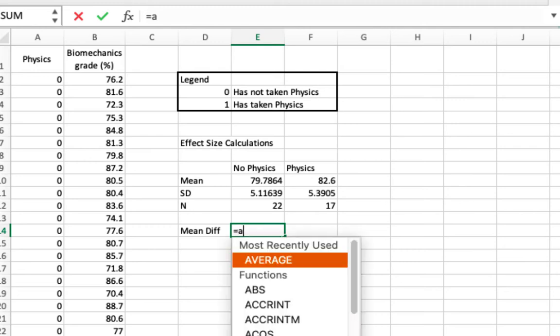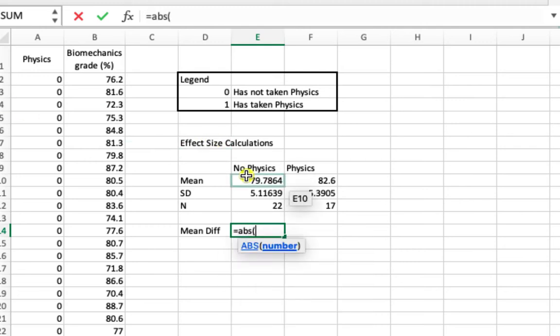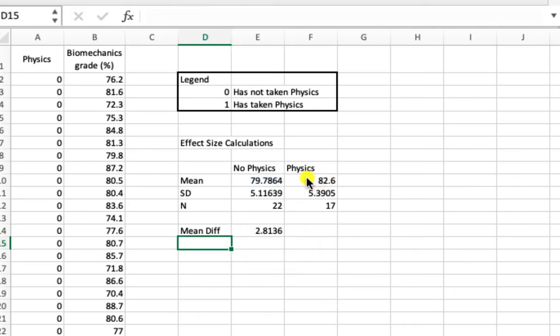So for the mean difference, we just take the absolute difference between the means of both groups. And then for the pooled standard deviation, I'll say standard deviation pool numerator, standard deviation pool denominator, and then we'll put everything together into the effect size calculation.